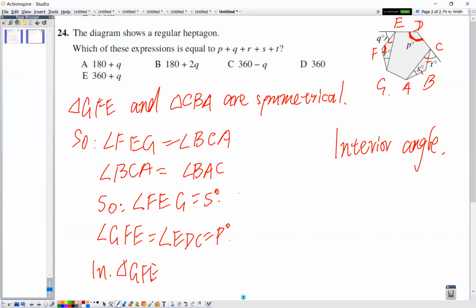So these 2 angles will be the same, and this will also become P degrees. Now in the triangle GFE, angles in a triangle add up to 180. We said before this is S, and this we worked out as P. So P plus R plus S becomes 180 degrees.